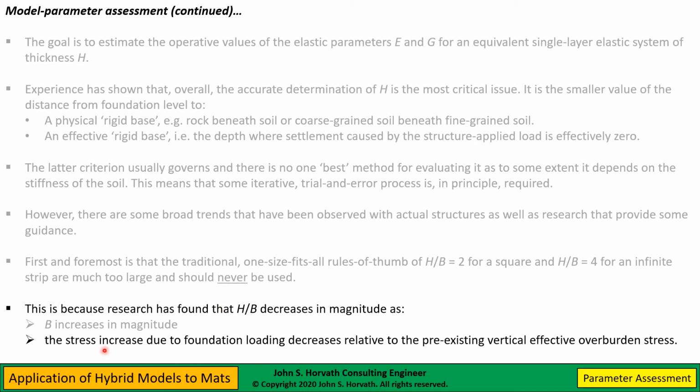But you really need to look at the stress increase relative to the pre-existing vertical effective stress. What we're saying here is at some point as you get in the ground, the stress increase is negligible relative to the overburden stresses that exist there.